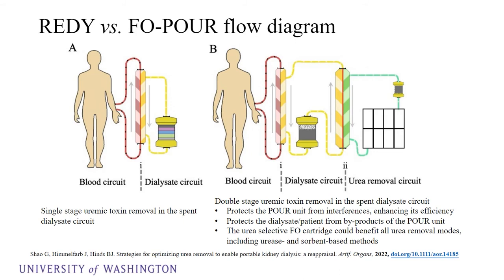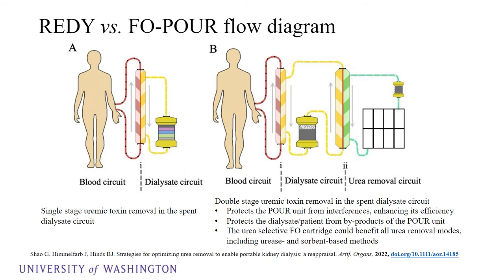In the first stage, we have the hemodialyzer interfacing with the patient. In the second stage, we have the forward osmosis cartridge, which is urea-selective. And all the uremic toxins will be removed by the activated carbon layer in the dialysate circuit. And the urea alone will be removed in the urea removal circuit.